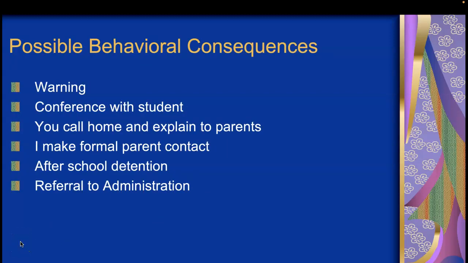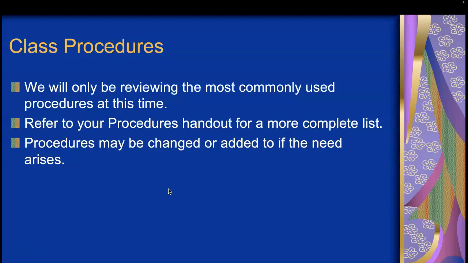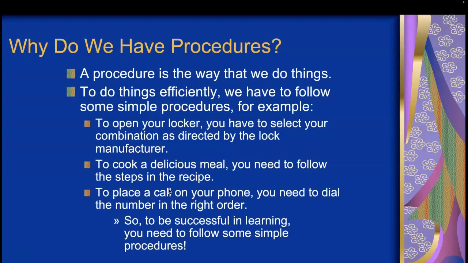One thing that she brings up are the possible behavioral consequences, and these are hers. So she has said, okay, here's where we're at. This is what I expect, and now here's the consequences if that isn't what happens. Then she does move forward with procedures, and you're going to be working on procedures with your team today, talking a little bit about procedures from the book My First Year.